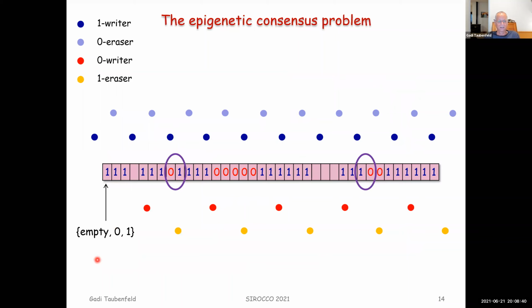Okay, so let me give you an idea of how the algorithm works, and it is very simple. In general, distributed biological algorithms, or algorithms that run in nature, are almost always simple.